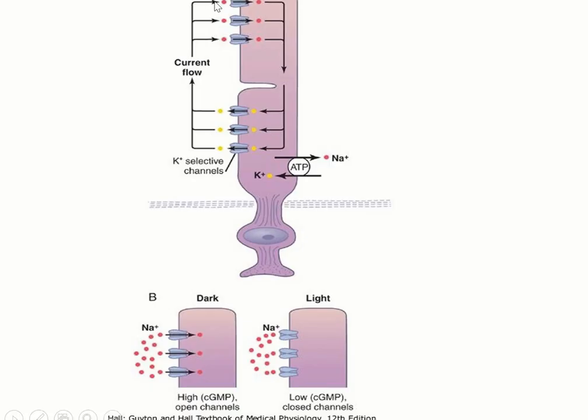Once the cyclic GMP levels have reduced, once light falls onto these rods, this channel closes. Sodium will not enter into the outer segment. So there is no depolarization, or rather it causes what is called hyperpolarization. So once the stimulus is given, the rods undergo hyperpolarization.